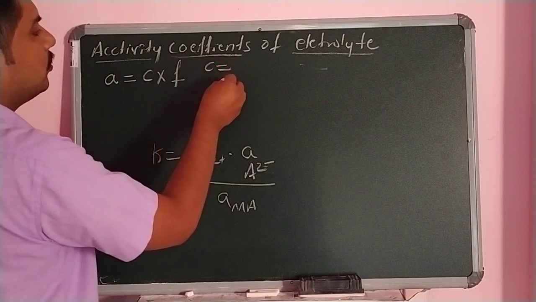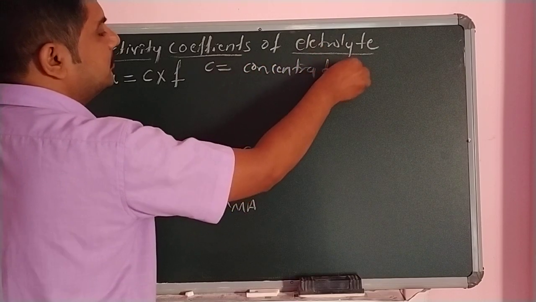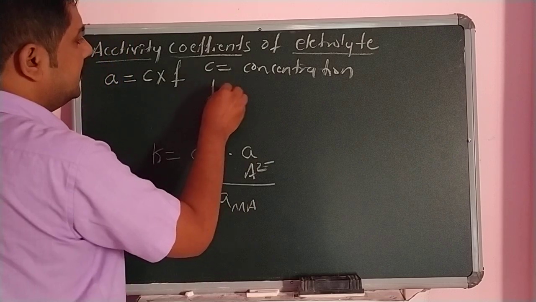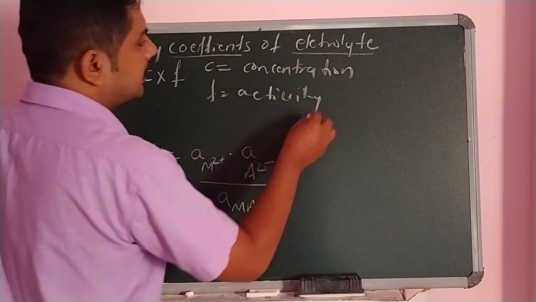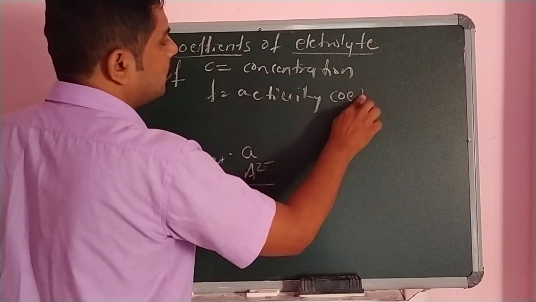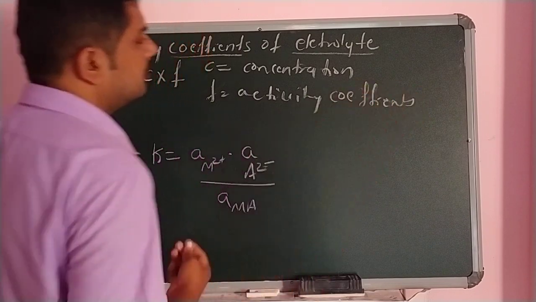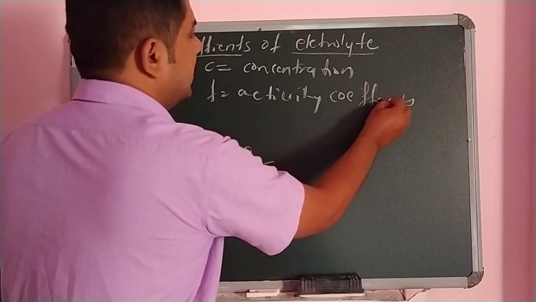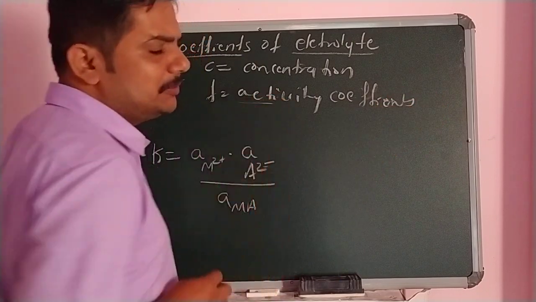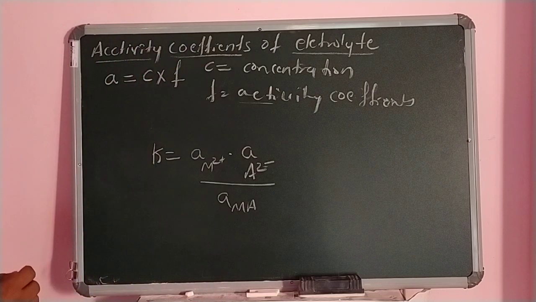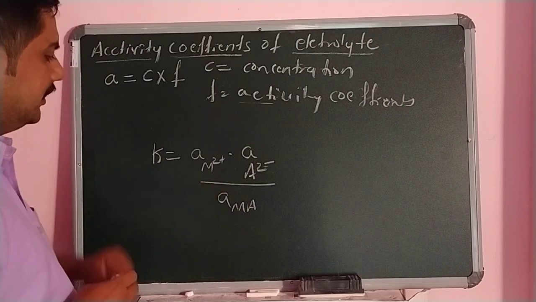Now C is the concentration of the species. f is the activity coefficient of the species. Now applying these values, a is equal to C into f. So what will this be?